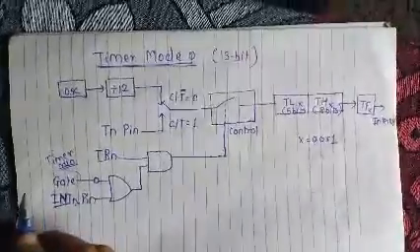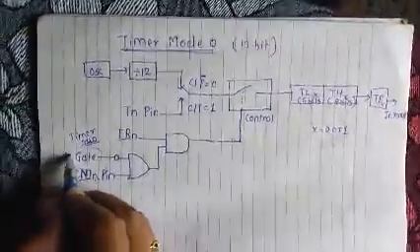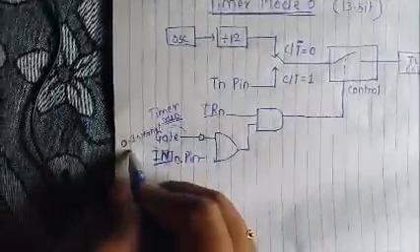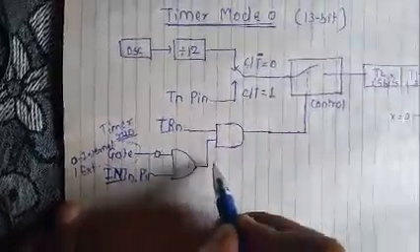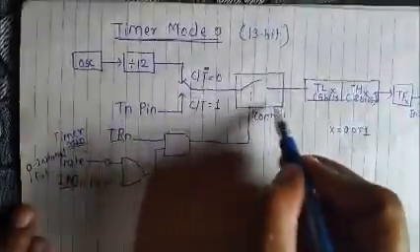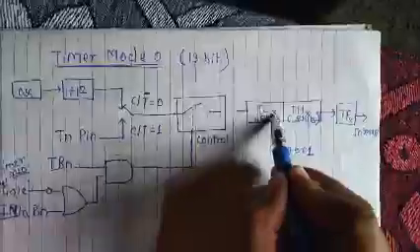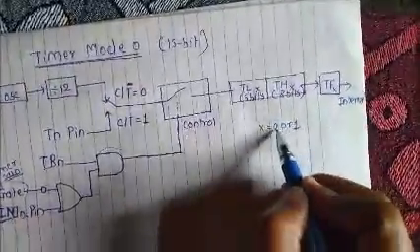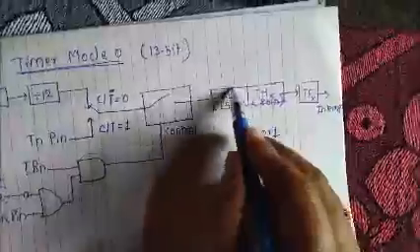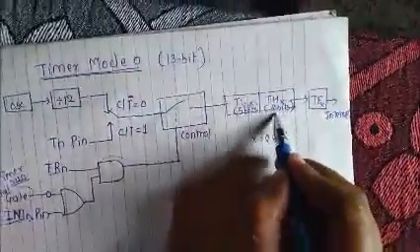In the previous lecture we said that if the gate is 0 then it is an internal event, and if it is 1 then it is an external event. Based on that it gives the output, which is given to the control blocks. Now the output consists of TLX and THX, where X stands for 0 or 1. A total of 5 bits are used in the lower nibble, and in the higher nibble a total of 8 bits are used.